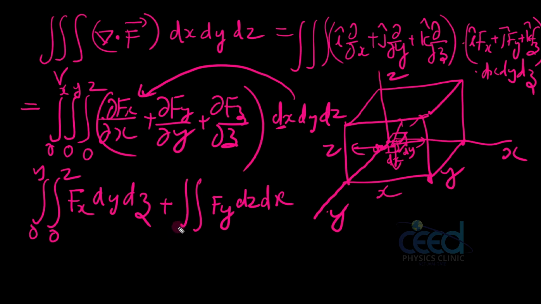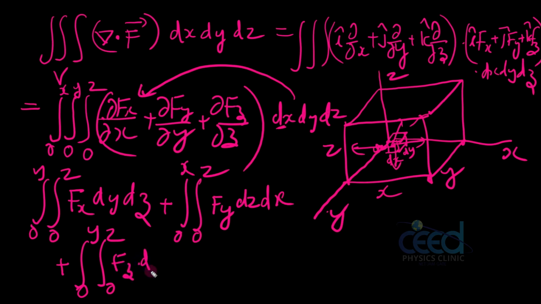So here the limit is 0 to x, 0 to z, right? And we have one more term. I am going to write here the integral, that is 0 to y, 0 to z, that is fz into dx dy.